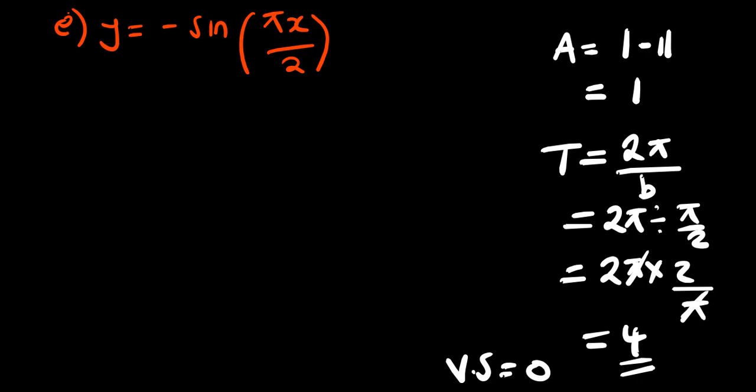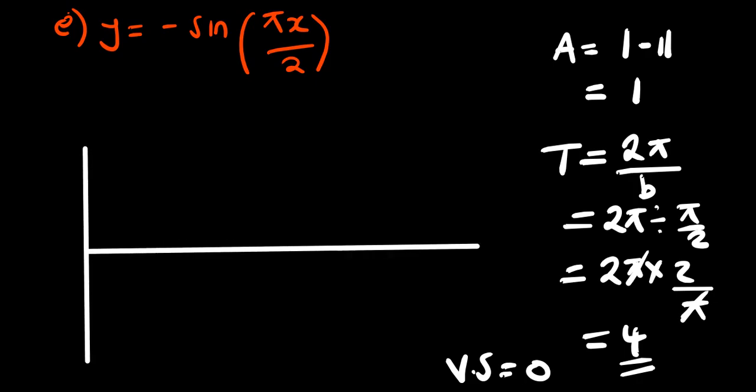Then let's graph this. Let's say this is our y-axis. This is our x-axis. Then how far is our graph going to go? We found that our amplitude is 1, so it's going to be alternating between 1 and negative 1.